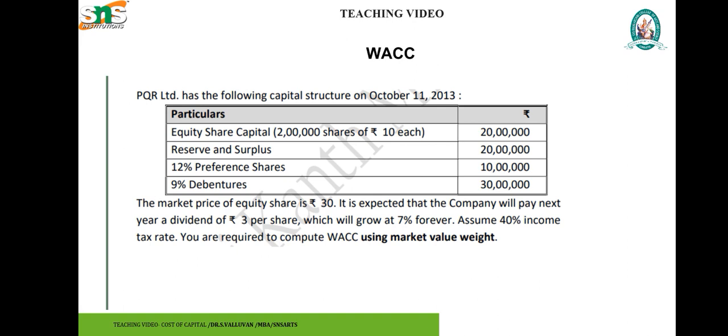I think you know what is capital structure. Capital structure consists of the combination of debt plus equity. Technically speaking, in simple terms, what do you mean by capital structure?